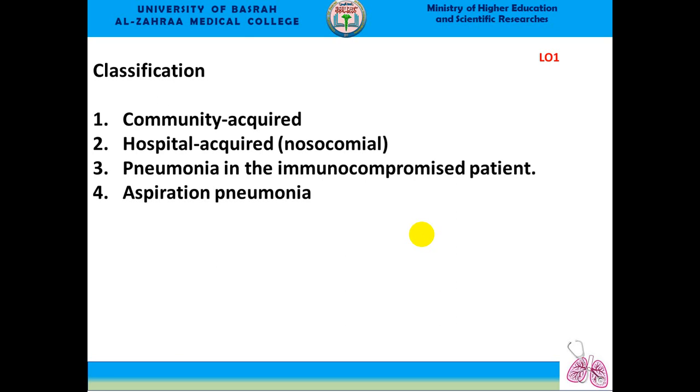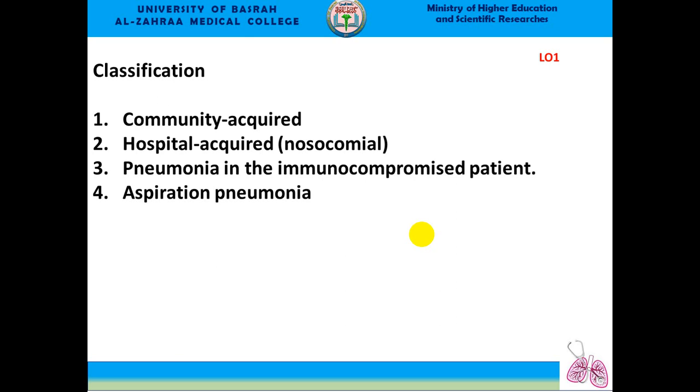So people with low immunity, like people with HIV or AIDS, people who are using chemotherapy for cancer, people who are using immunosuppressive treatment for diseases like rheumatoid arthritis or systemic lupus erythematosus, all of these are immunocompromised.